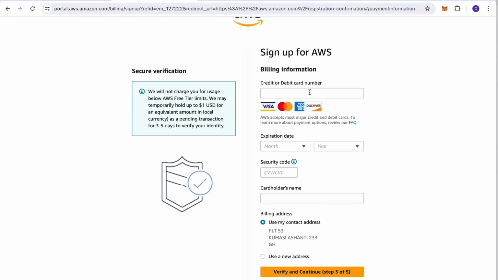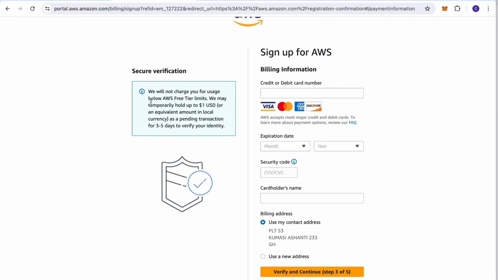If you go above any of the free trial limits, or if your free trial is over, this is not the card AWS will be taking billing from. It's just to confirm that you are actually a person who is signing up, not just a chatbot or a robot sitting somewhere trying to sign up.